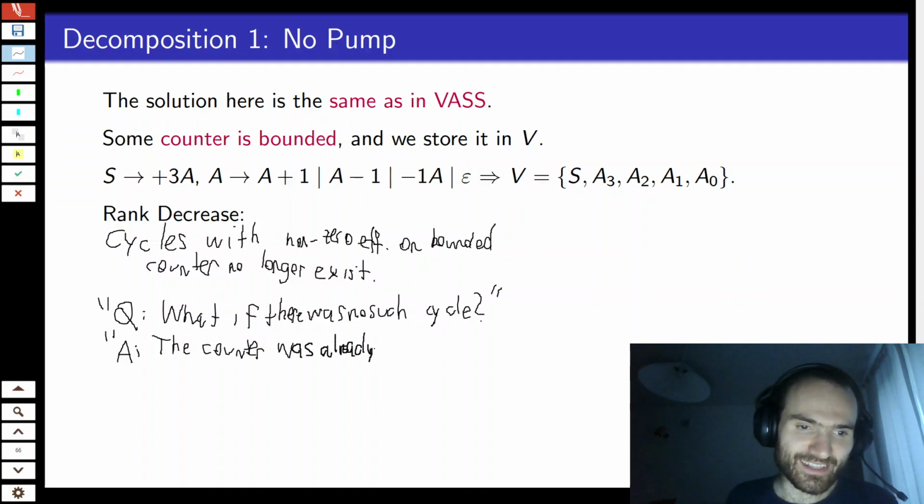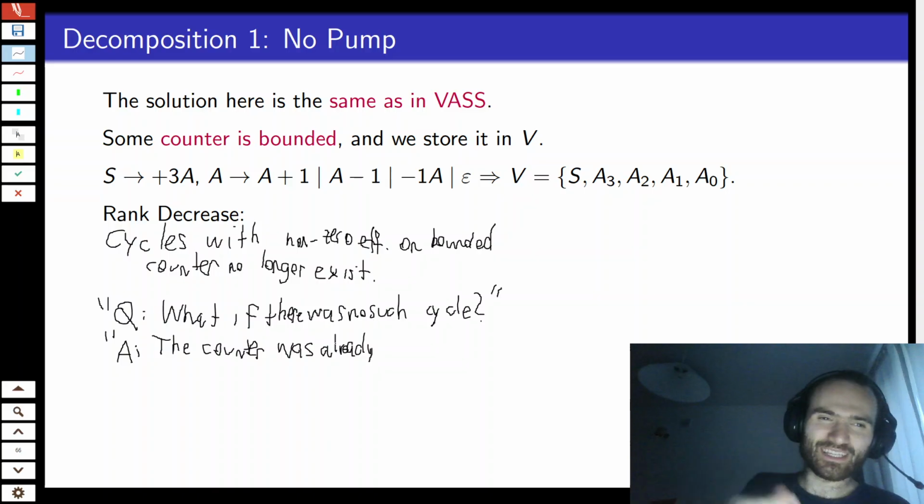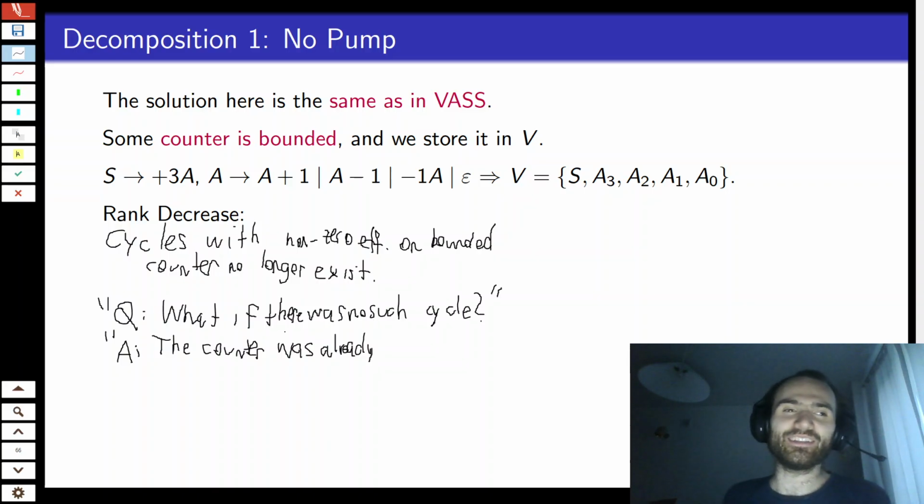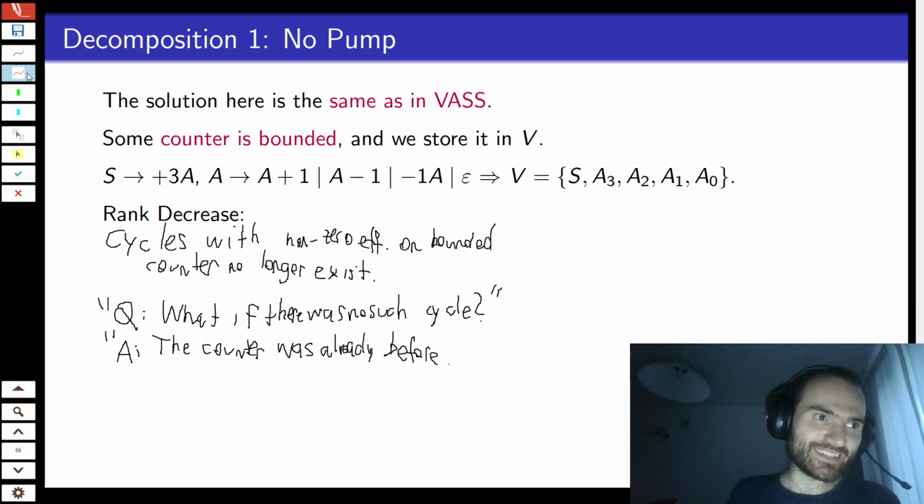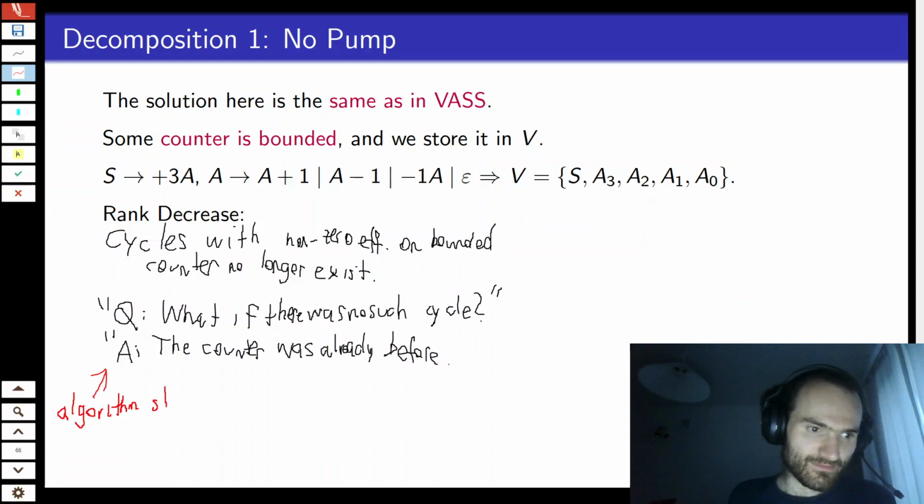If there is already no cycle that has a non-zero effect on this counter, then this means it was a counter we had already handled before. Essentially, if you want to think formally, the algorithm stores which counters it still has to handle, which counters still have to be handled.